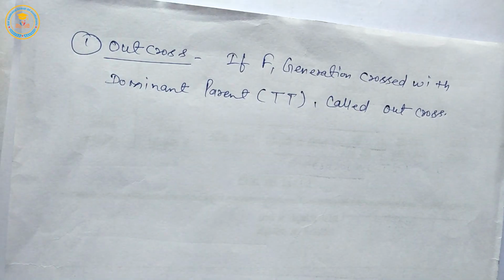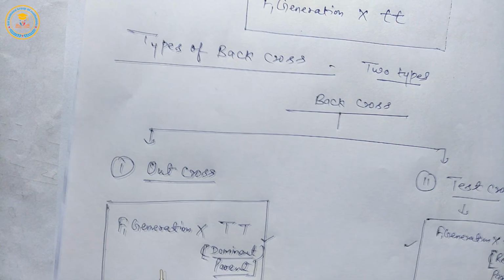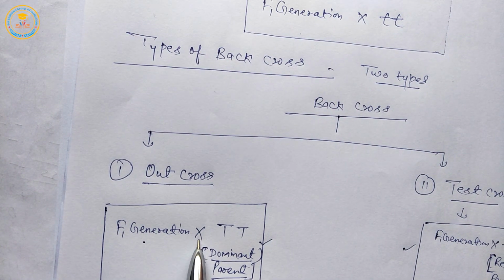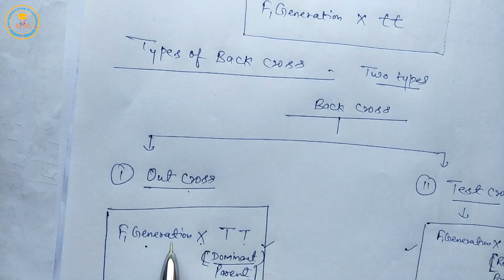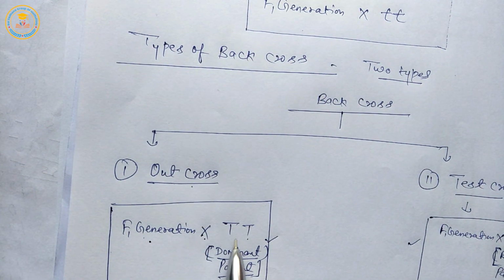Once again, if F1 generation crossed with dominant parent, it is called outcross.